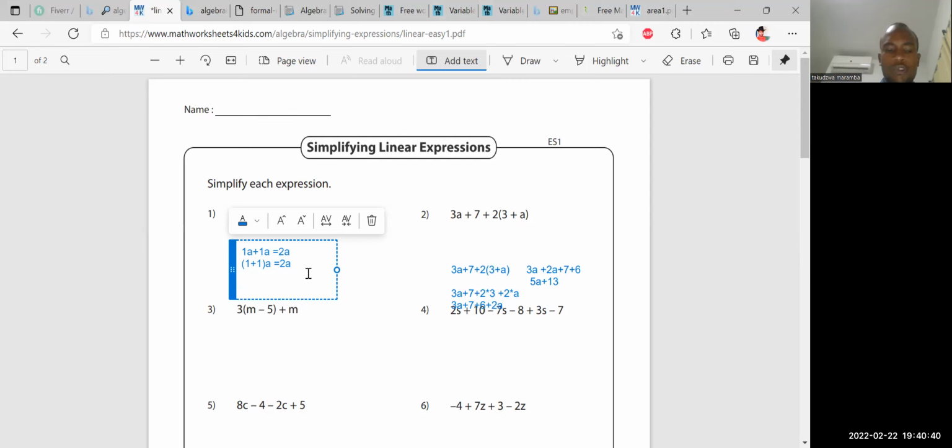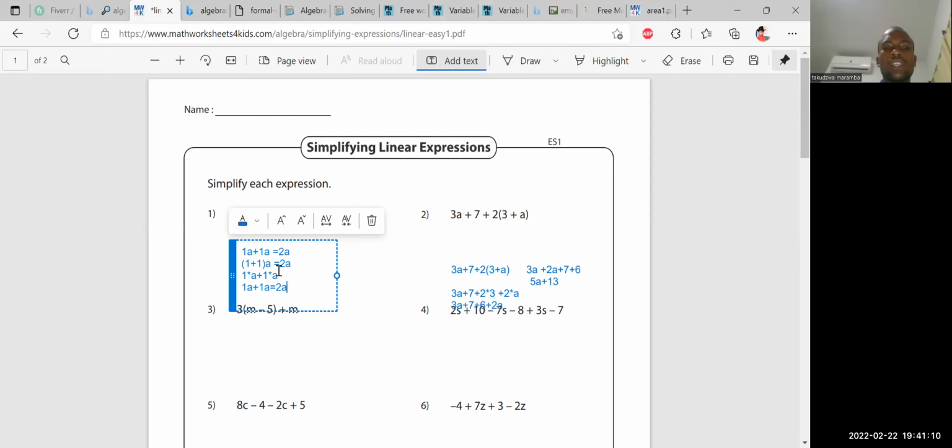For example, we say 1 times a plus 1 times a, then it will be equal to 1a plus 1a, then it will be equal to 2a.